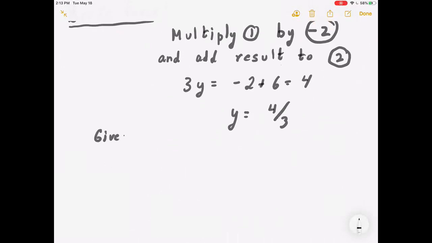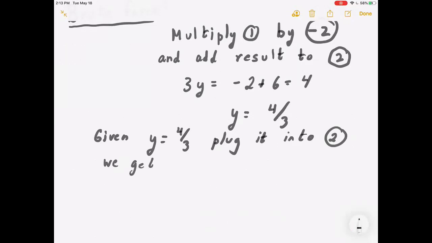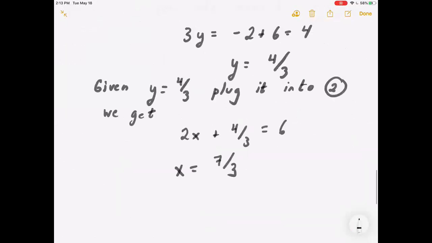Then the next thing you need to do is recognize that since you know what y is, if you plug it directly into equation 2, you'll get 2x plus 4/3 equals 6, and you can solve that easily for x, and you'll get 7/3.